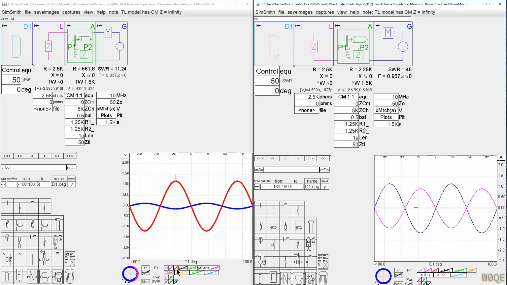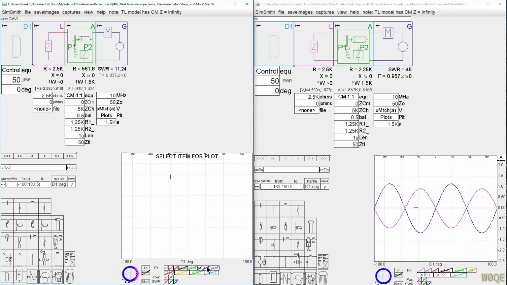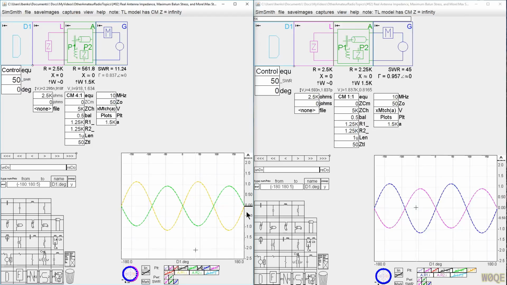If the currents are equal, then the Balun has done its job. Okay, we see with the same choking impedance on each of the chokes, the same imbalance occurs. And a 5K choke is not a terribly good current equalizer. That's part of the problem with the impedance being so high.